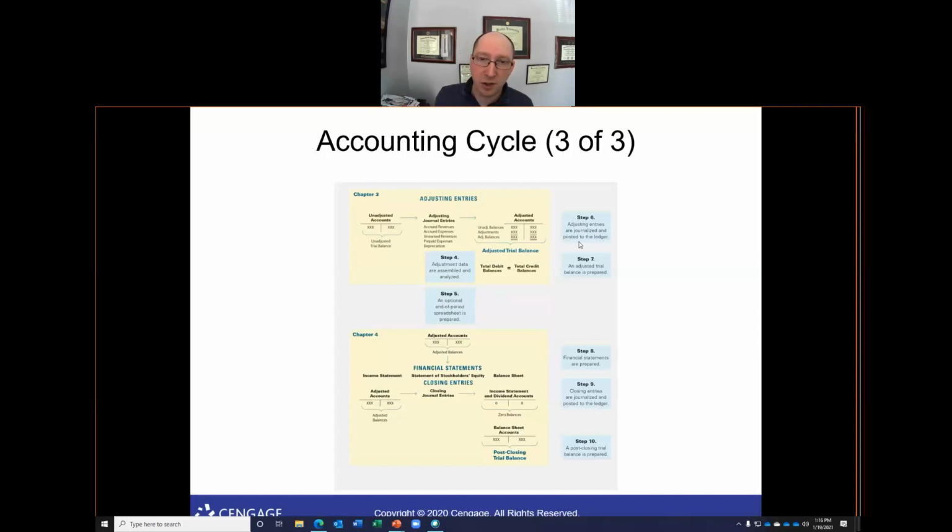In this chapter, we learned how the financial statements are prepared through that process. We learned the closing entries, and then we prepare the post-closing trial balance.